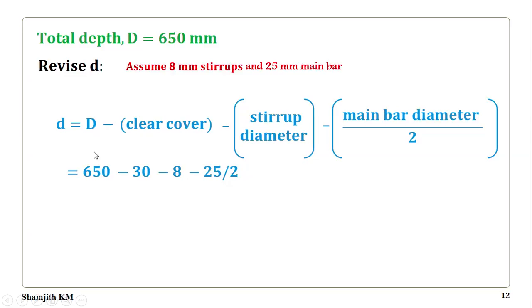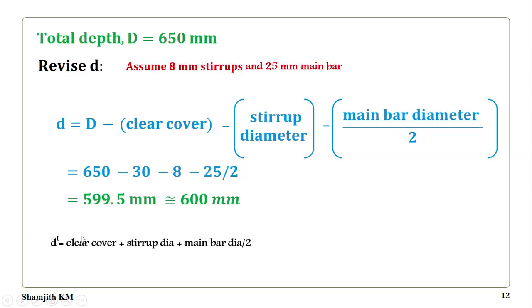So we get total depth D 650 minus clear cover 30 for the moderate exposure condition, minus 8 as stirrup diameter, minus 25 by 2, which is the main bar diameter by 2. We will be getting 599.5 mm, which is approximately taken as 600 mm.